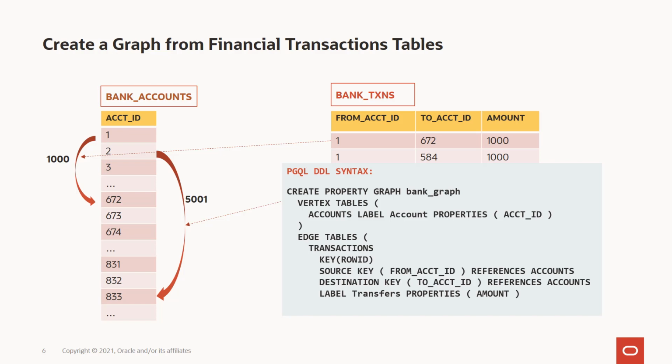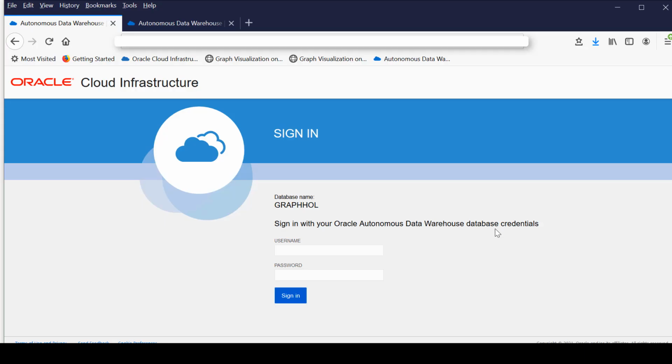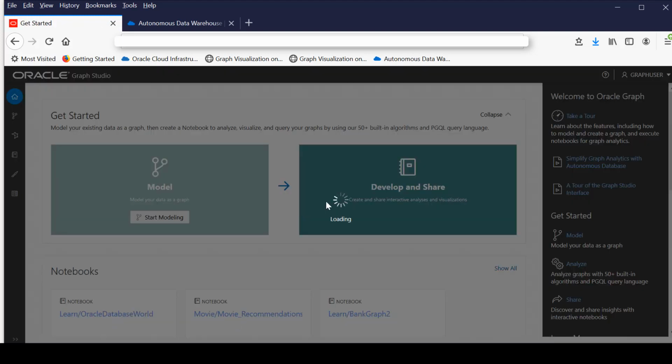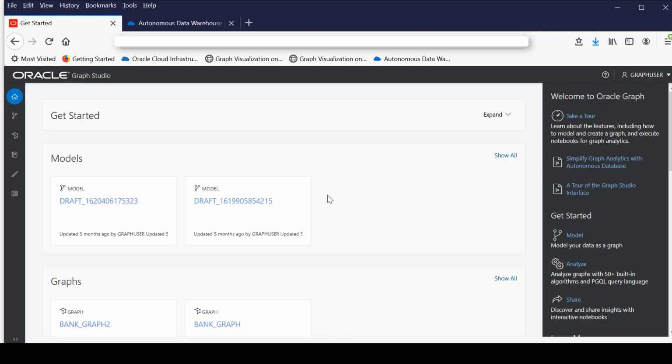Now let's use this graph to run a few graph queries and graph analytics. Here is the Graph Studio console of Autonomous Database, and I'm going to log in to my Graph Studio console so that I can start running some graph queries and graph analytics algorithms on the graph that I have.